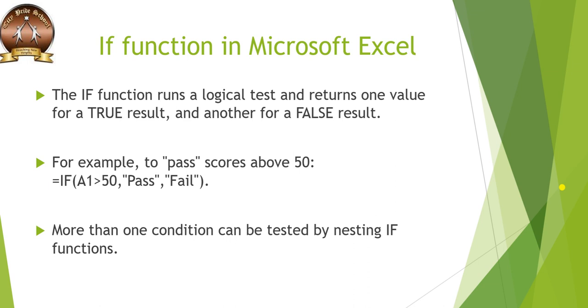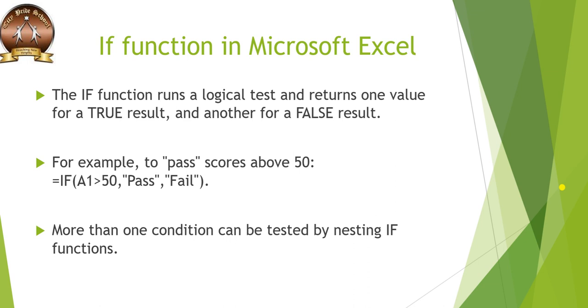See, the IF function runs a logical test and returns one value for a true result and another value for a false result. Okay? So you have to write a certain condition and you can find out the result according to your condition.